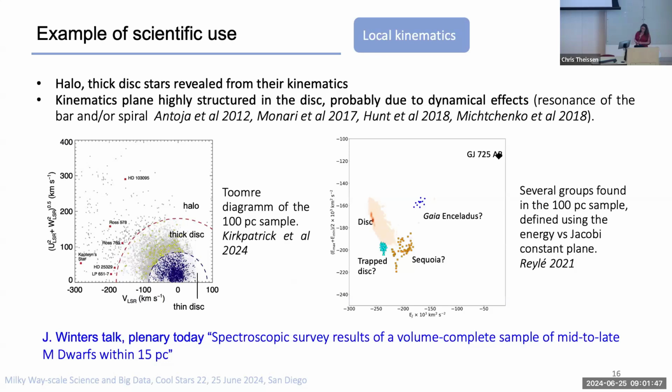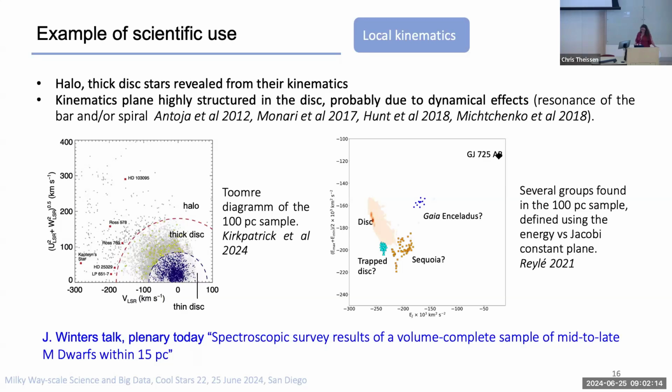I will go quickly on this one, but if you have a radial velocity and proper motion, you have all the information to get the kinematics of the object. Even in the solar neighborhood, you see that this is a two-way diagram that is used to separate the different populations. And in the solar neighborhood, you have a lot of visitors from the halo and eventually the thick disk.